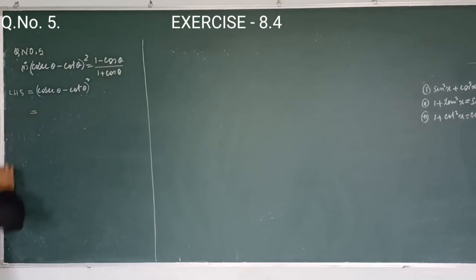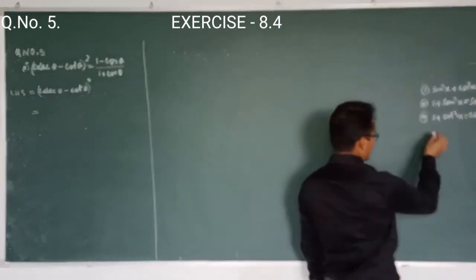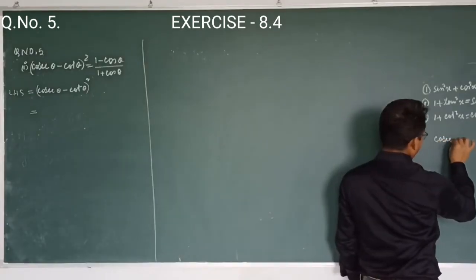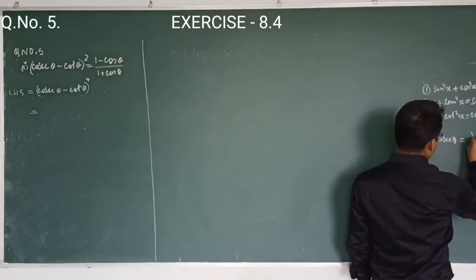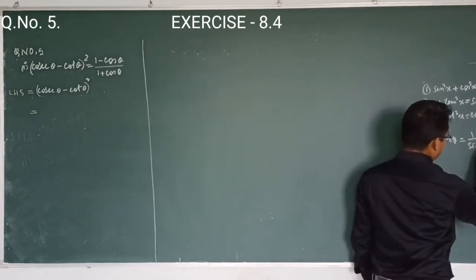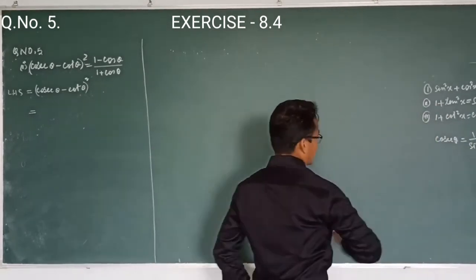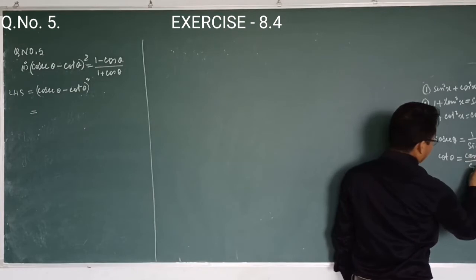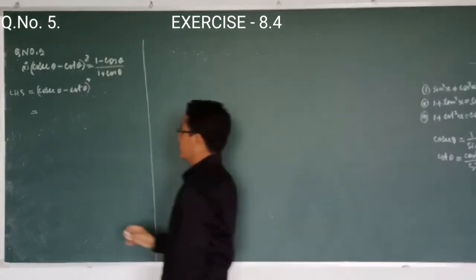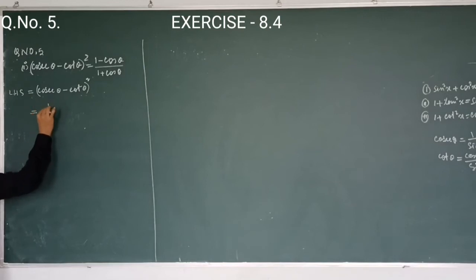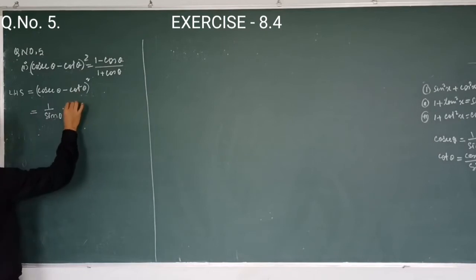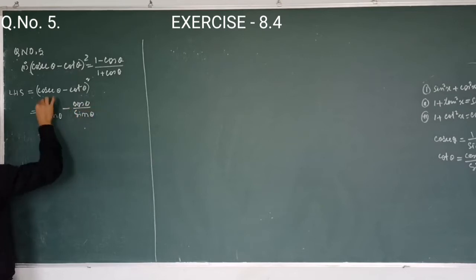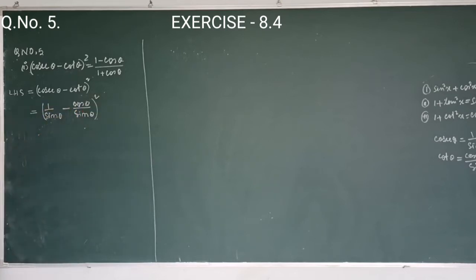We already know that cosec theta means 1 by sine theta, and cot theta means cos theta by sine theta. So we convert this: 1 by sine theta minus cos theta by sine theta, whole square.